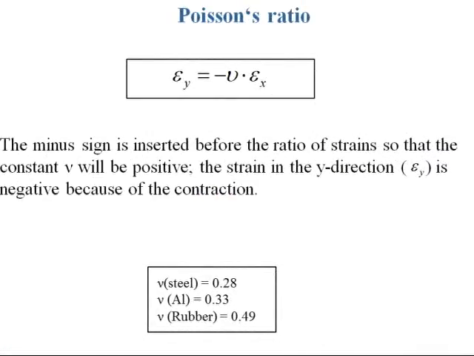Epsilon y is defined as minus Poisson's ratio mu times epsilon x. That's the definition of Poisson's ratio. The minus sign is used because of the positive material property.